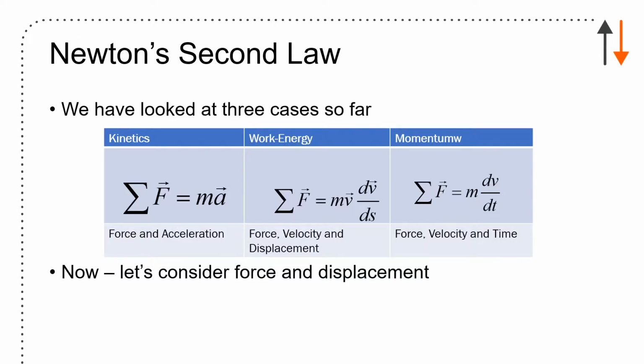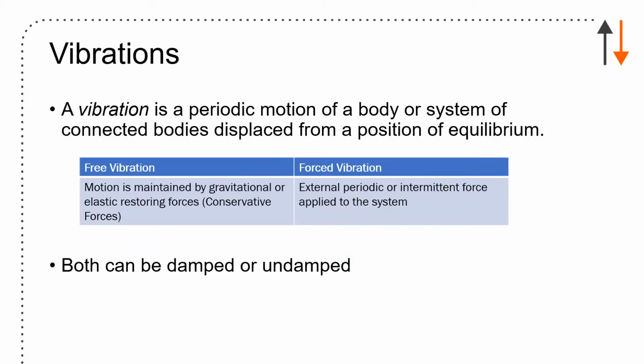We haven't done very much with the final form of Newton's second law that we can write, which is mx double dot. But now we're going to look at force and displacement and solve basically for the equation of motion, but not solve the actual problem. In all of the other chapters we solve for values.